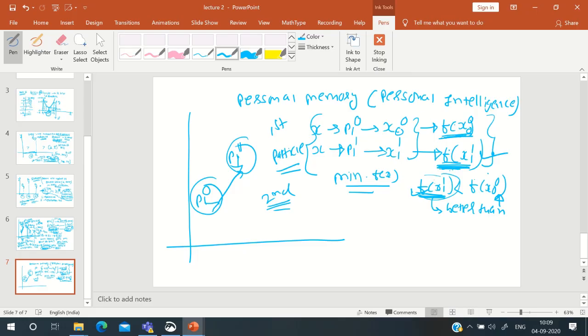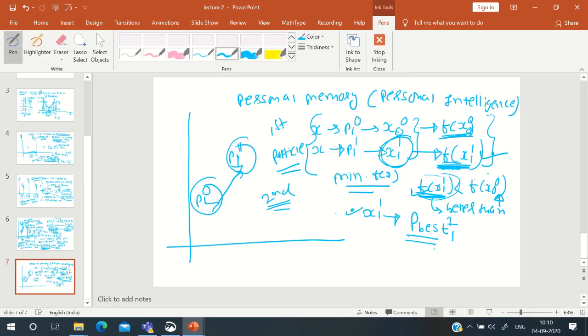So what is the x value corresponding to this function value? The x value is x1 superscript 1. So this x1 superscript 1 is considered as the personal best position of the first particle at the end of the first iteration. Preserve this value. Why do we preserve this value?